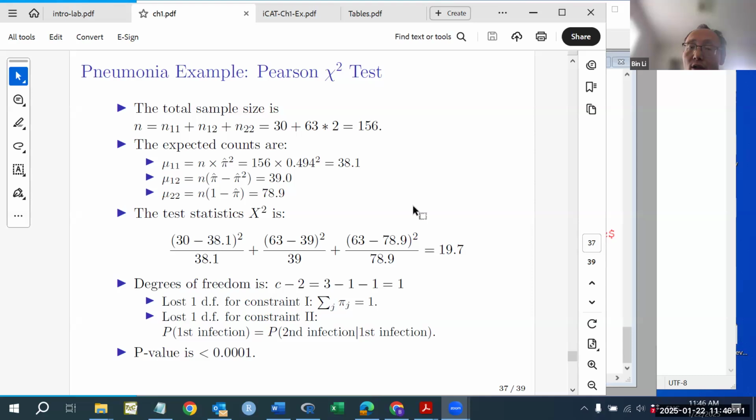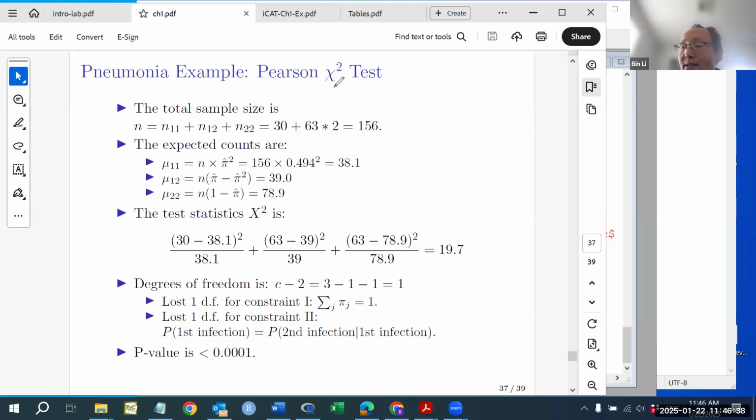After that, we can also do the hypothesis test. Here the total sample size is 156, and the expected counts under the null hypothesis are this. What is the null hypothesis?